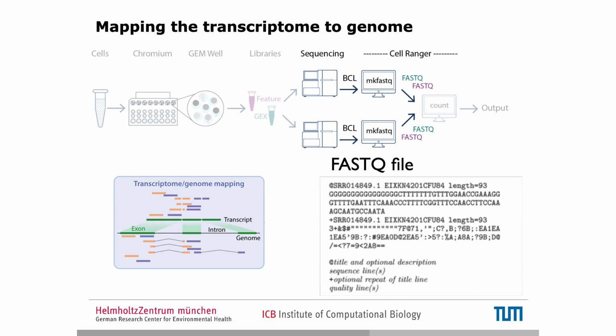Line 2 is the raw sequence letters that has been read out in the NGS core facility. Line 3 starts with the plus and is again some description of the data.